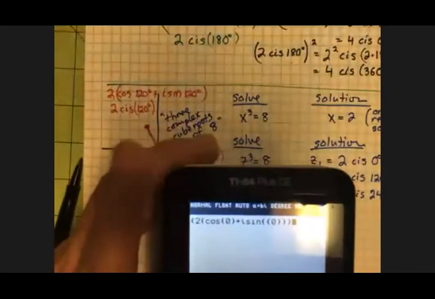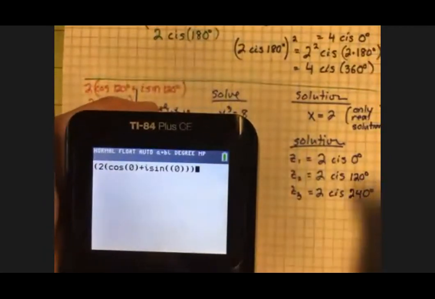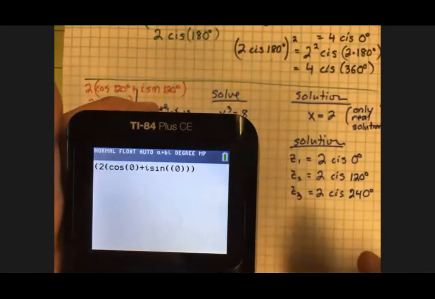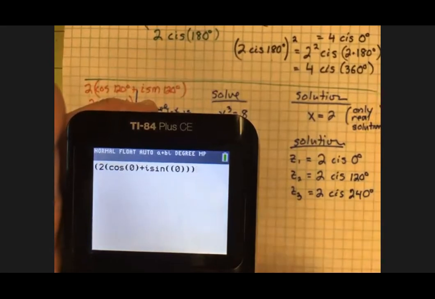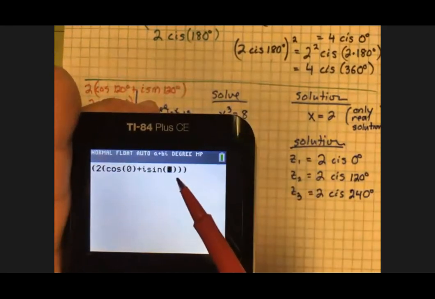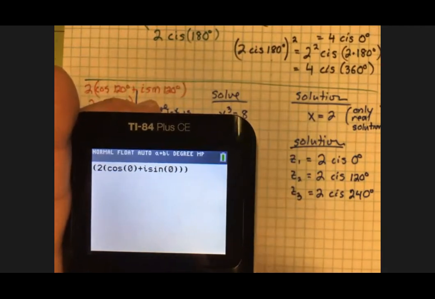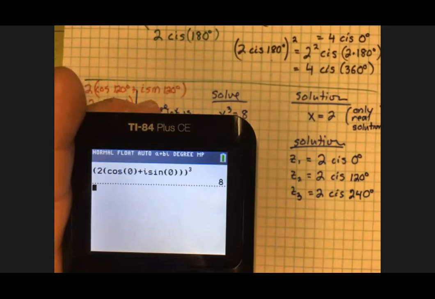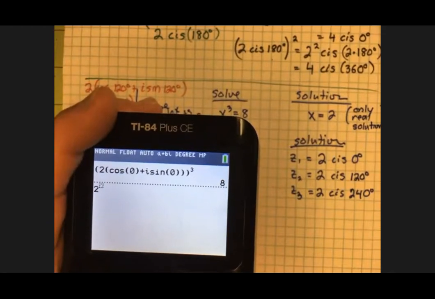And let's view this close up to make sure I got my parentheses in order. Okay, cosine 0, sine 0, I've got 1 too many parentheses right there. Now I've got the right number of parentheses. Let's cube it. Well, that's kind of anticlimactic because that was just the same as 2 cubed.